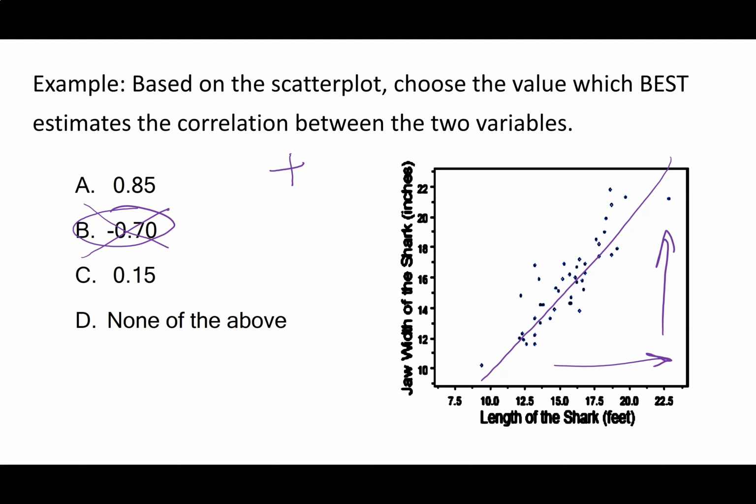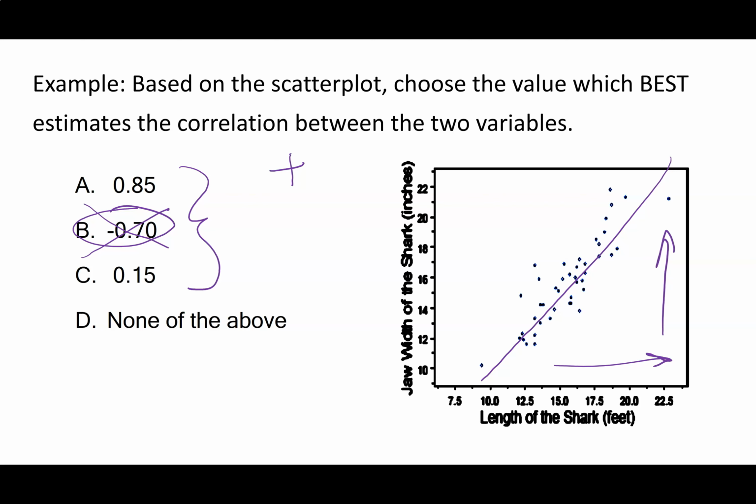So looking here, I would argue it's A or C, because none of the above doesn't really quite work here. So then you have to decide. If it's 0.15, this would be a moderately or somewhat weak relationship. You look at it and you go, oh, maybe there's a line there.